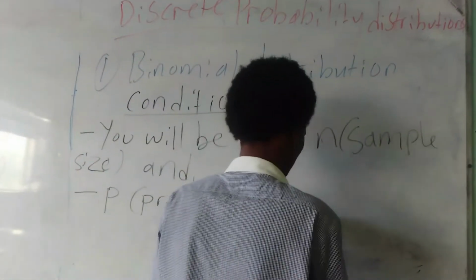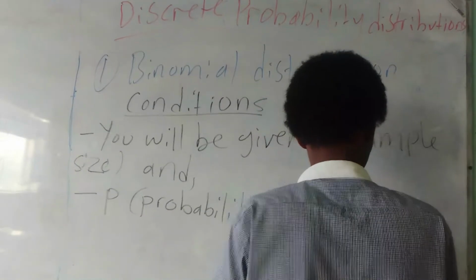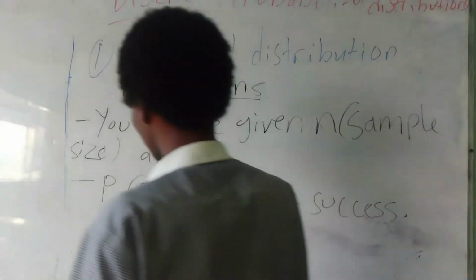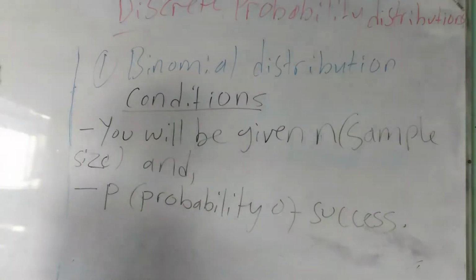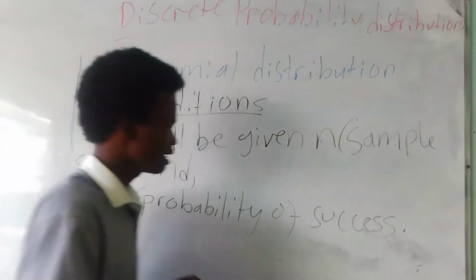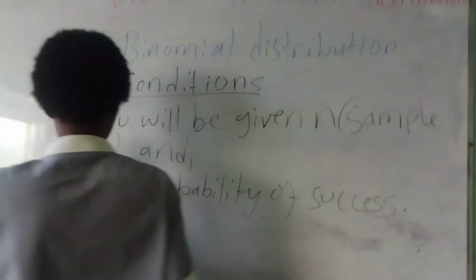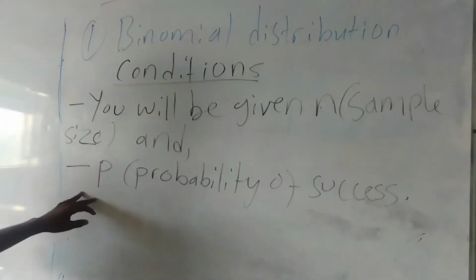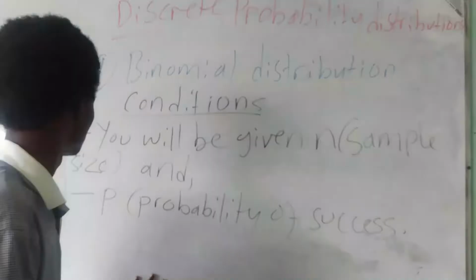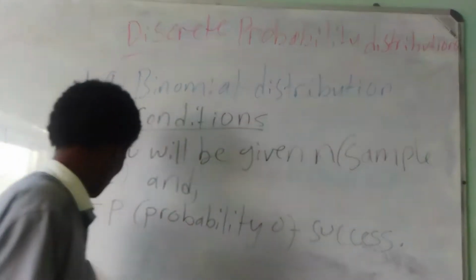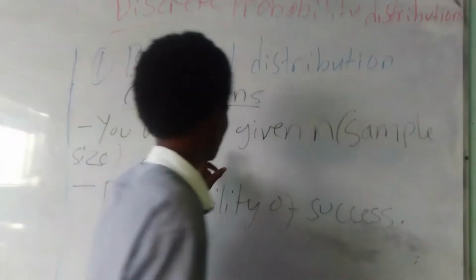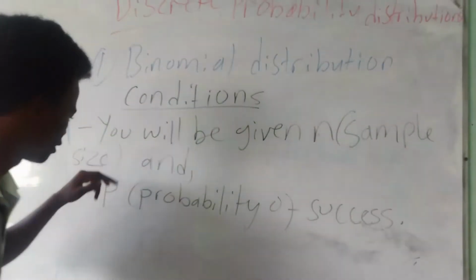So given these two parameters, N and P, you can easily identify that this is a binomial distribution.